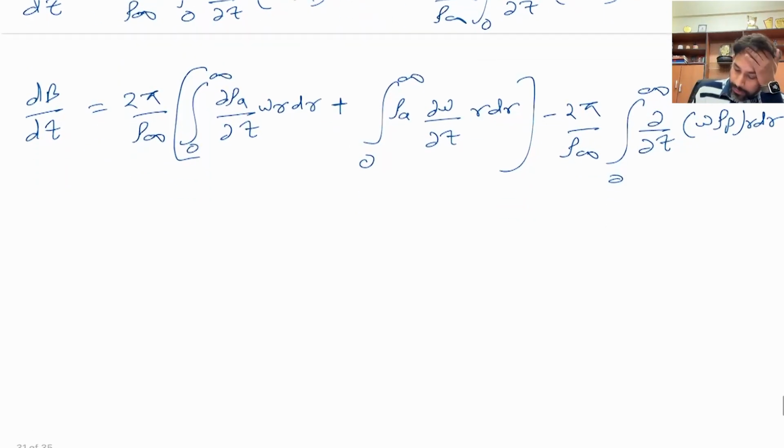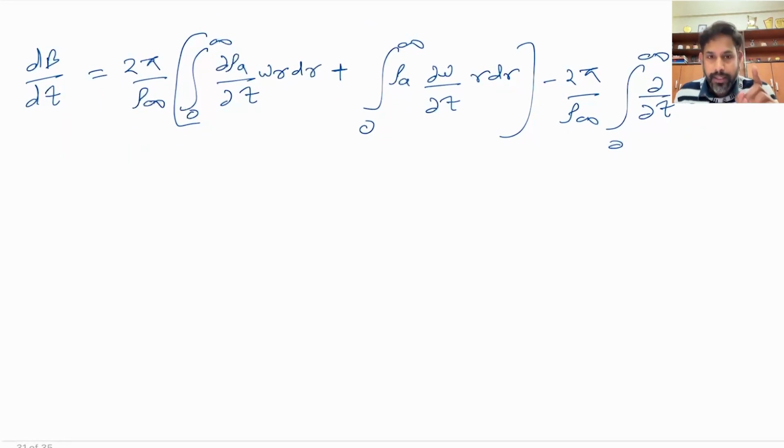What you see here is that we know rho a is not a function of r, and that is where d rho a by dz can be taken out, and in fact it can simply be written as an ordinary differential rather than a partial differential. Likewise rho a can also be taken out.